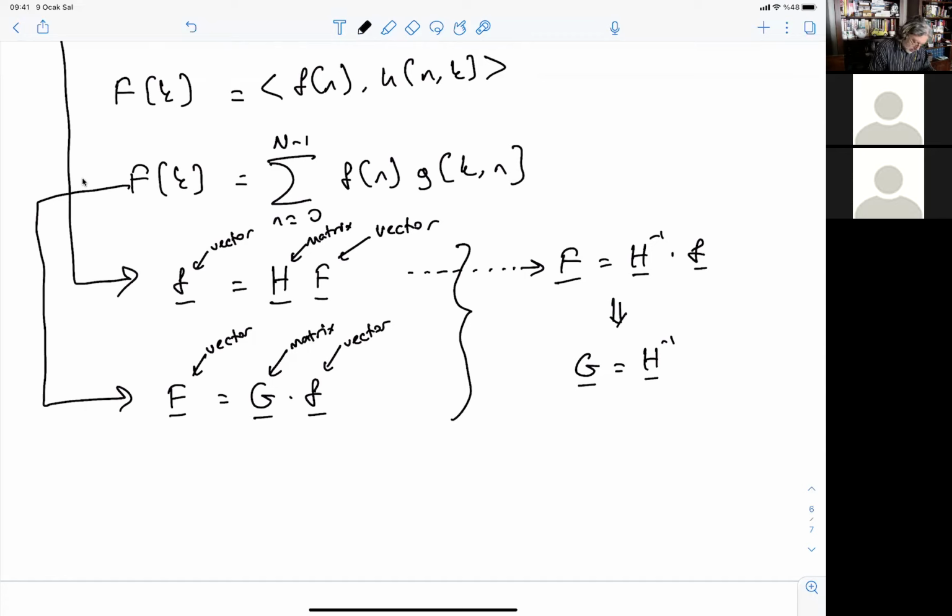So the inverse of H or G similarly must exist. It must be invertible.